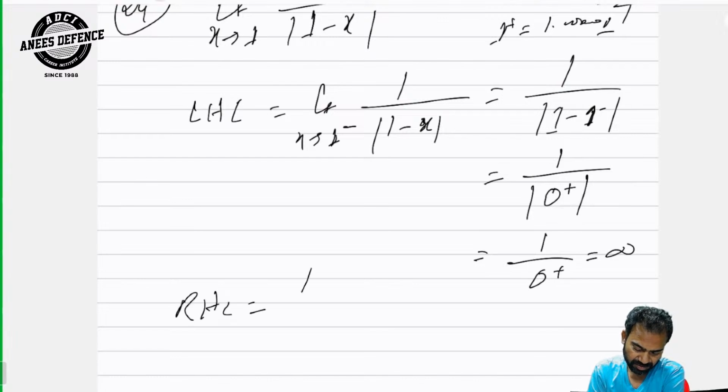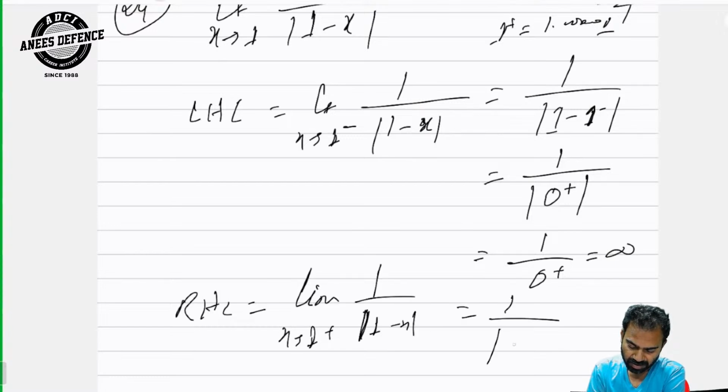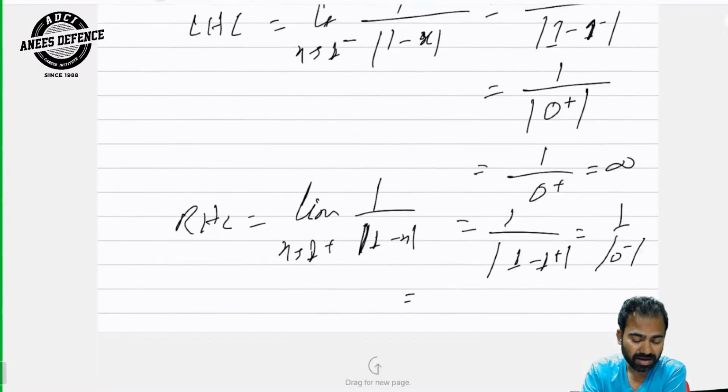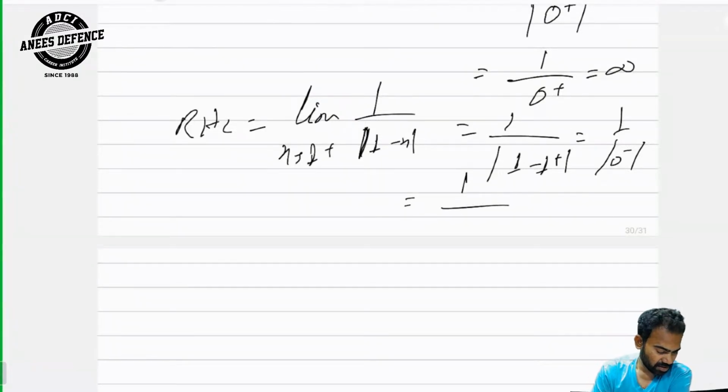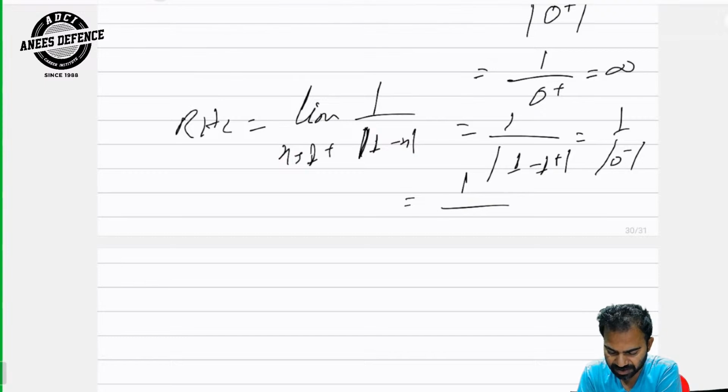RHL: 1 plus, 1 upon mod of 1 minus x. 1 minus 1 plus, the subtraction will be 0 minus, so the value is negative.